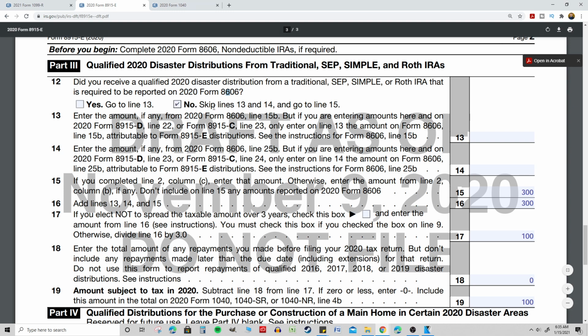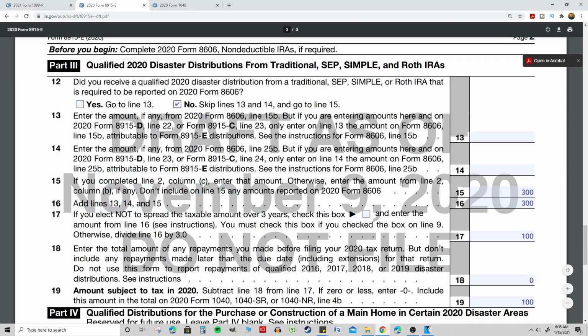So we're going to skip lines 13 and 14 and go straight to line 15. If your situation involves this form, then you would mark yes. And then you would start with 13 and move on down the line from there. But for us, we're going to mark no, and we're going to go right to line 15. And I know because of these darn watermarks behind this that it's hard to read, guys, so I apologize. It says, if you completed line 2, column C, enter that amount, which we did not.